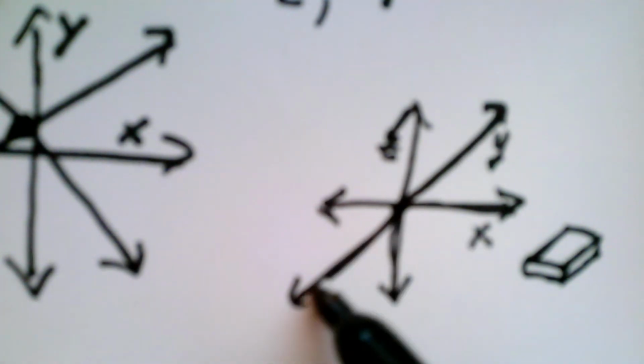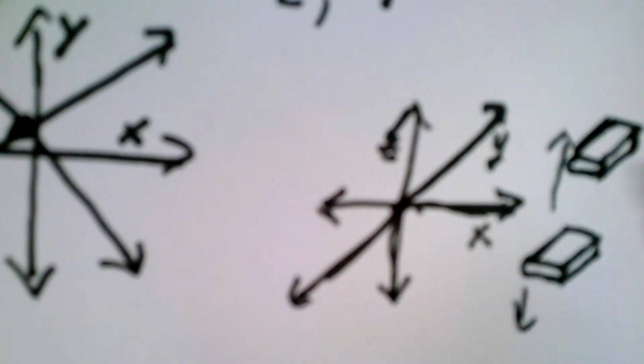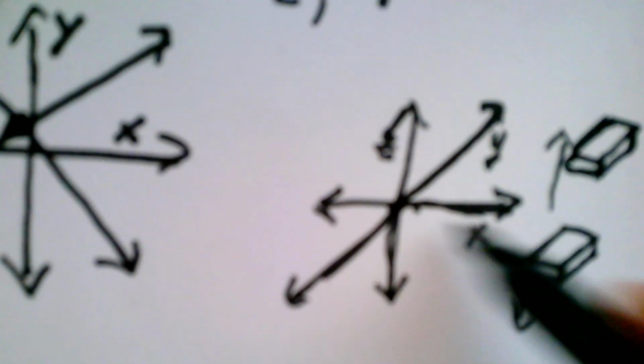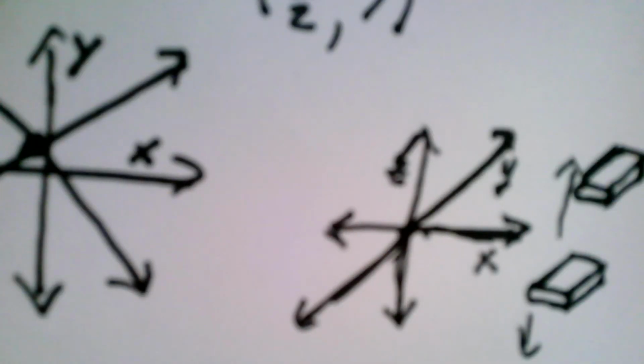If the xy plane were a table, then this book would be sitting on the same level as that table, and I could drag it up higher, or I could push it down lower. The up and down direction is the z-axis, whereas the x and y directions are flat, like moving side to side on a table or forward or backward on my table. And then z is moving up off the table or down under the table.